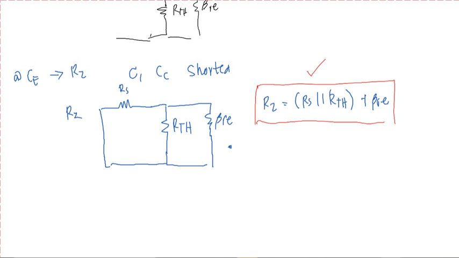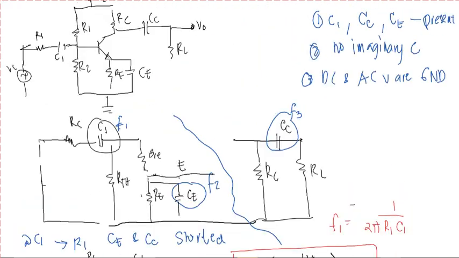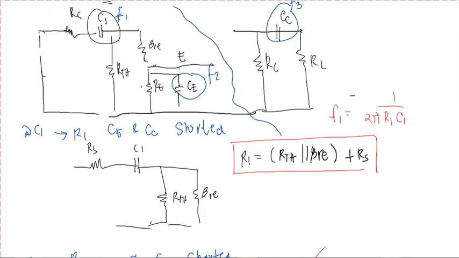So next, for your third frequency, we will find our R3, for example. Our C1 and our CE will be considered shorted. Since we only consider the output, we do not touch the input. So this is the only circuit that remains.